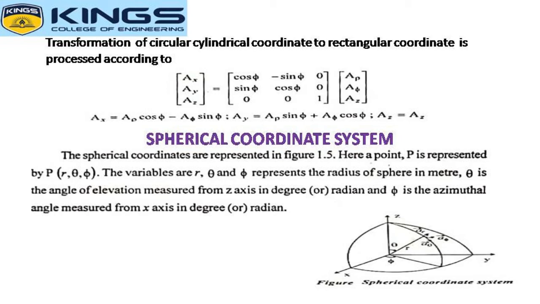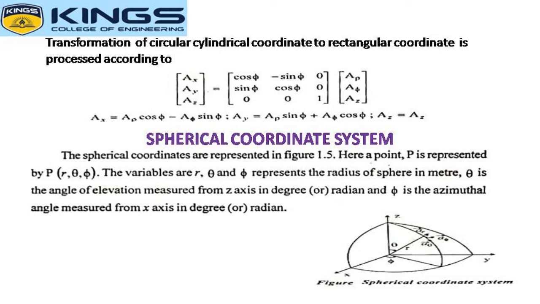In this case also it contains three components, which are r, theta, phi. R represents the radius of the circular ball, theta is the elevation angle, phi is the azimuthal angle, right?